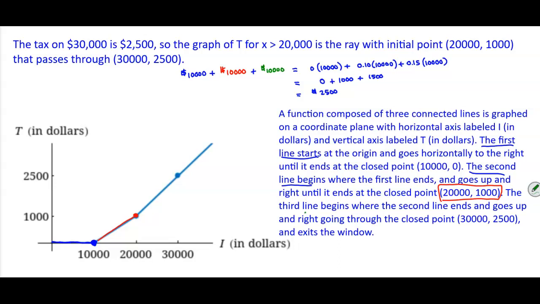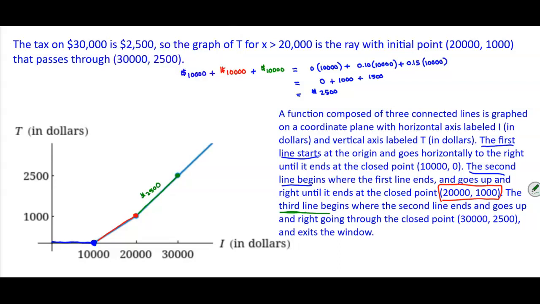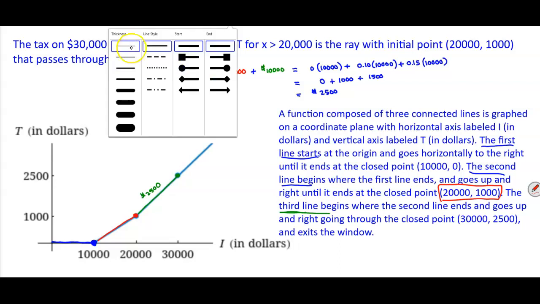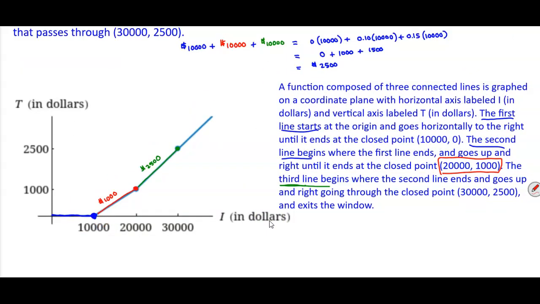The third line then begins where the second line ends, and that's going to go up an additional $2,500. So here we can label that this represents a $2,500 increase. And the initial one went up 1,000 because of the tax. And therefore that represents our last graph.